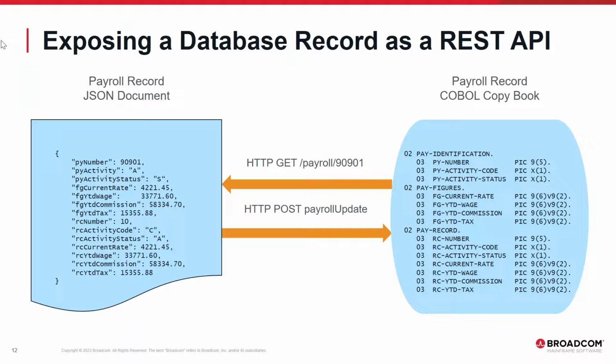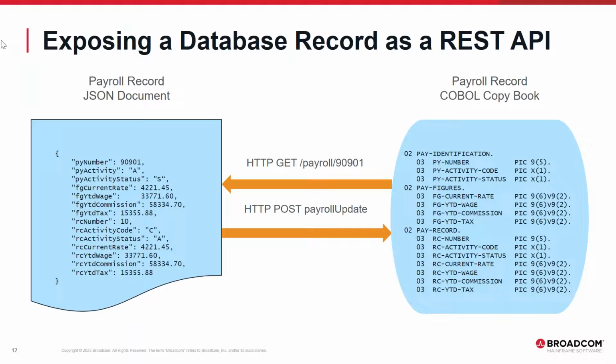So you can think of an API that can issue HTTP GET requests. That's what APIs do, to get a specific payroll record, and then it gets returned as a JSON response. Or likewise, you could imagine a web service that takes data in a JSON document and updates your database using an HTTP POST request.